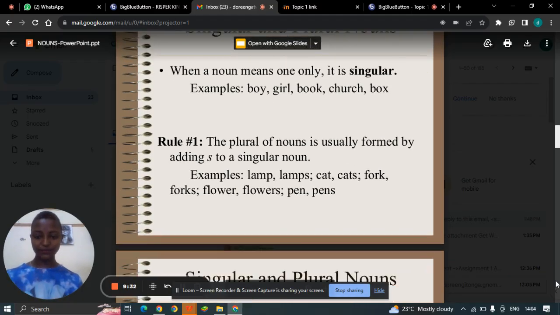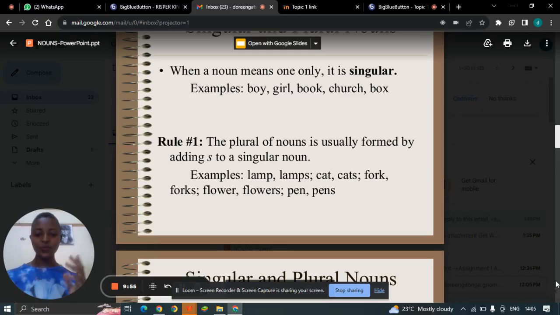So rule number one: the plural of nouns is usually formed by adding s to the singular noun. So, for example, if the singular noun is lamb, we add s to make it a plural noun. For example, lamb, you say lambs. Cat, cats. Fork, forks.